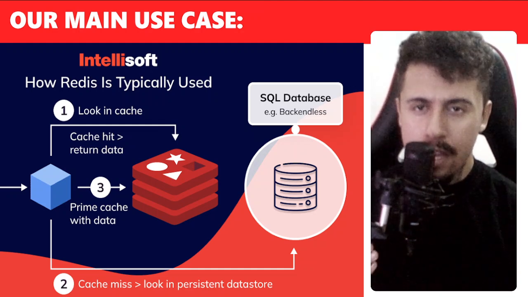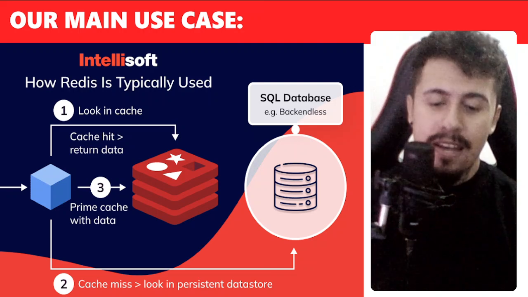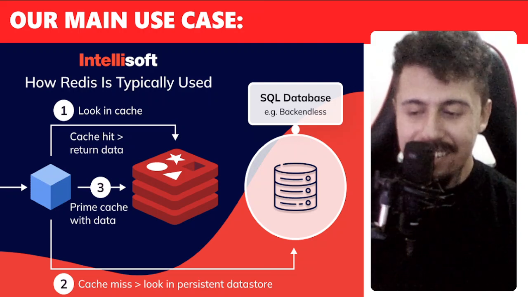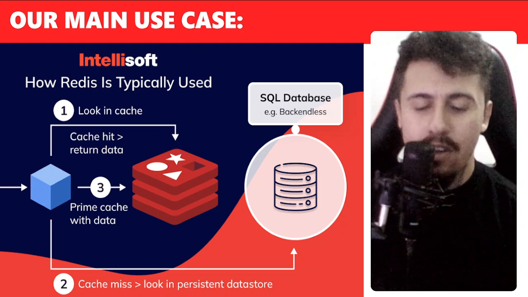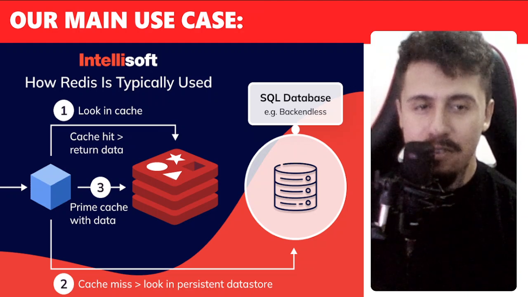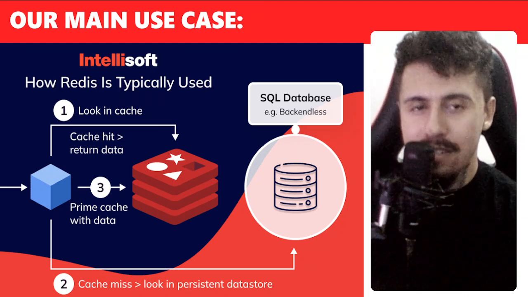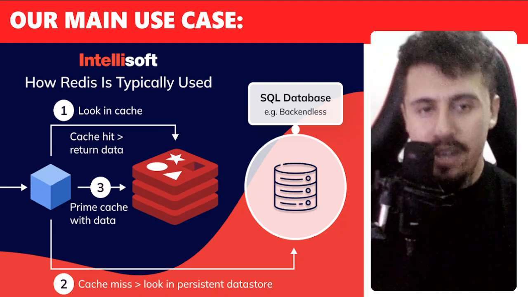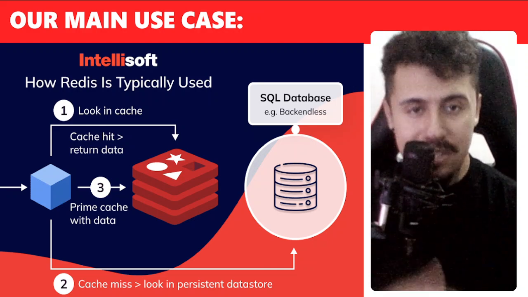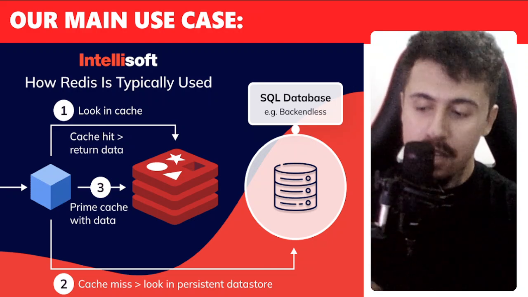But the caching layer is one of the most popular solutions that we can implement with Redis. So it will be our main use case, our first use case.